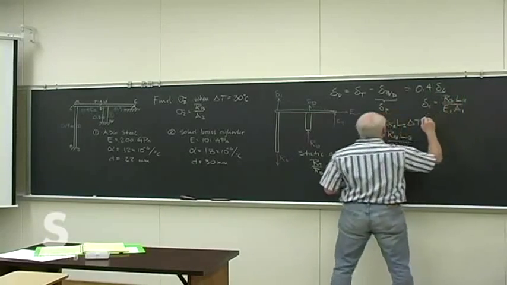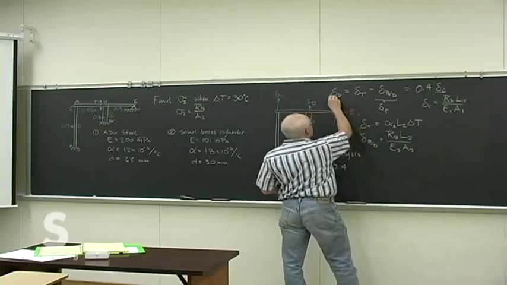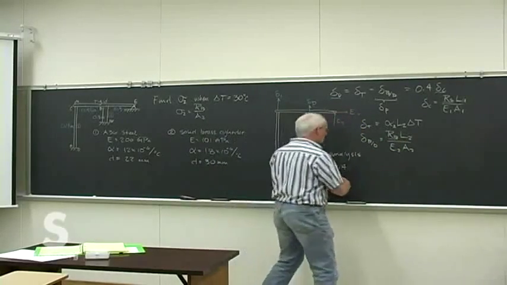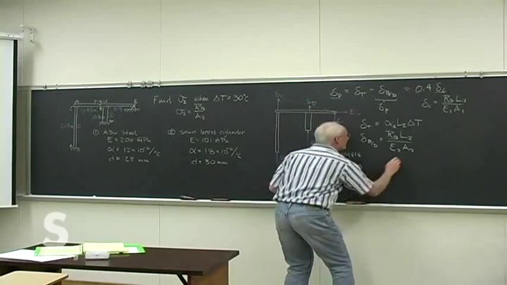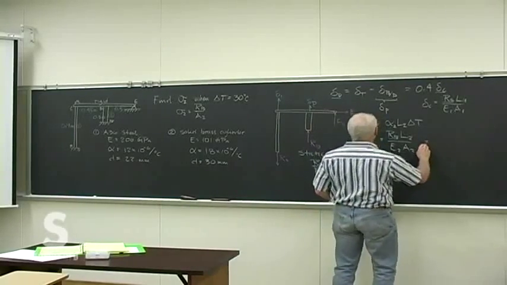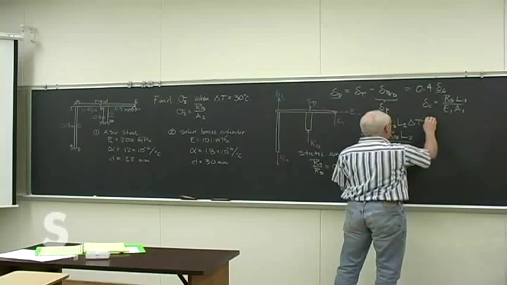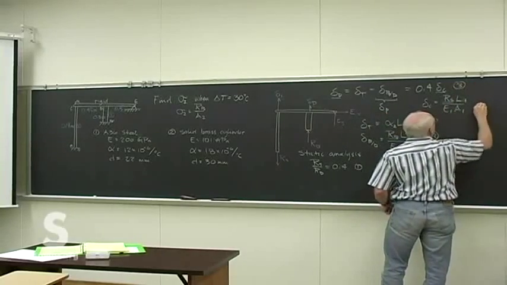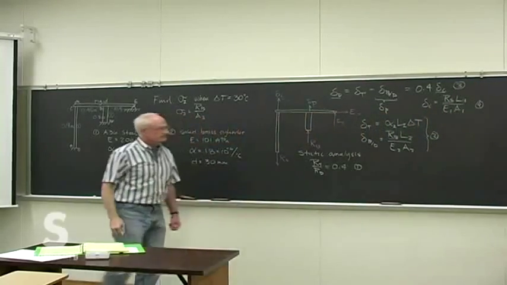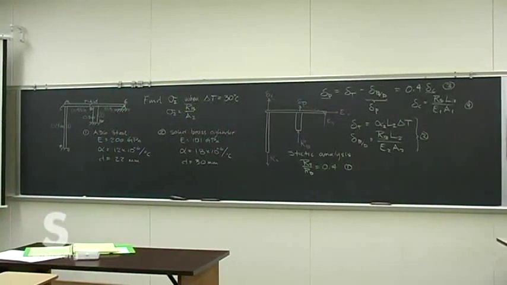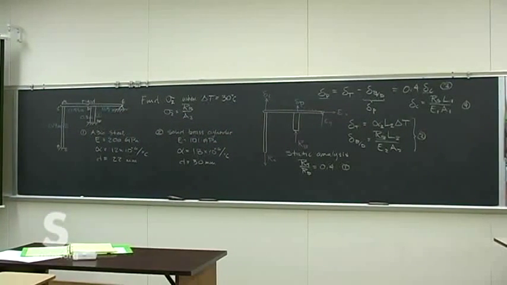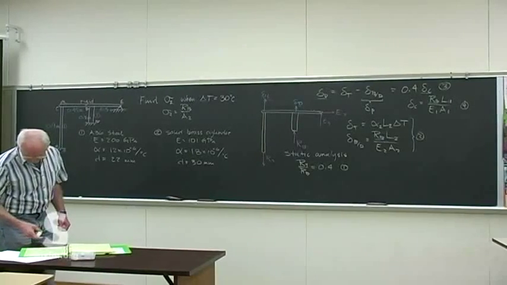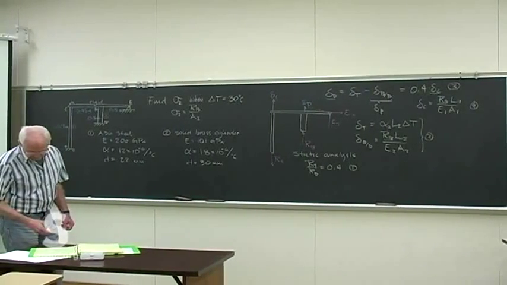That's unknown, that's unknown, that's unknown, and that's unknown. But we have 4 equations, not in any particular order: 1, these 2 together, that one, and that one. So all that's left in it then is the algebra. And you can put it all together.